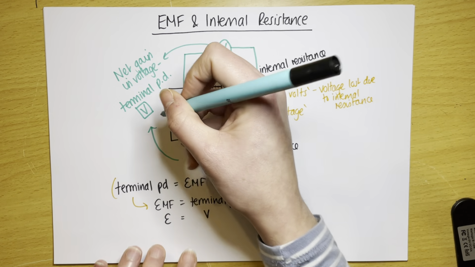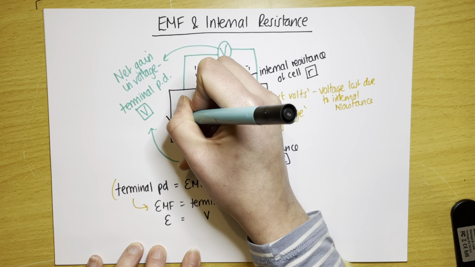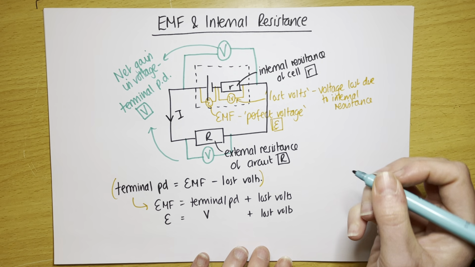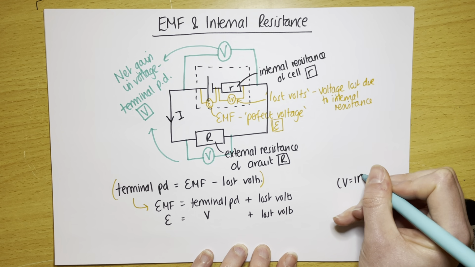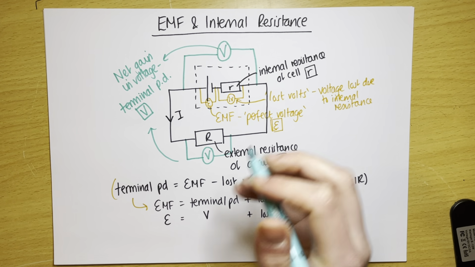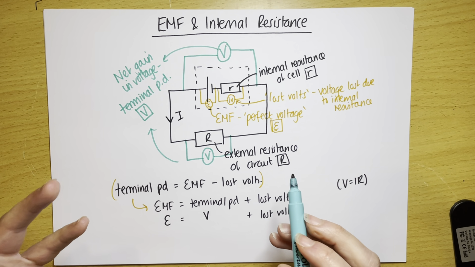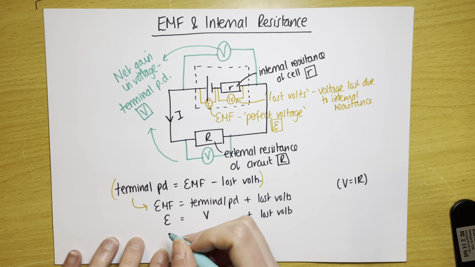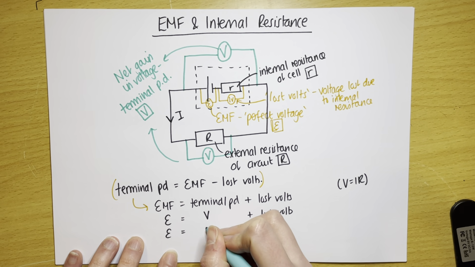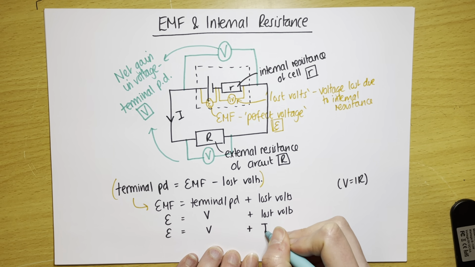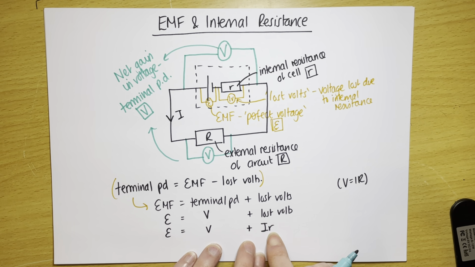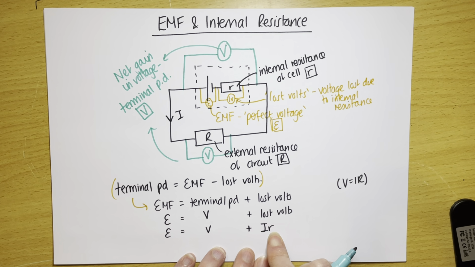But if I draw a little arrow on this circuit, I, this is a series circuit, R in series. I can use Ohm's law, V equals IR, and apply it to the individual components. Because it's a series circuit, the current is the same everywhere. So I can write instead E equals V plus I little r, where I is the current through the circuit and r is the internal resistance.